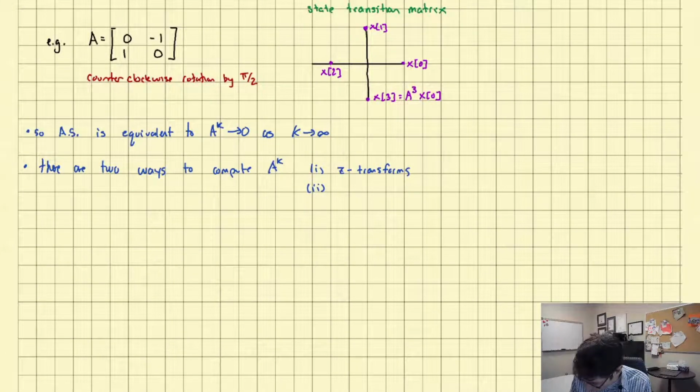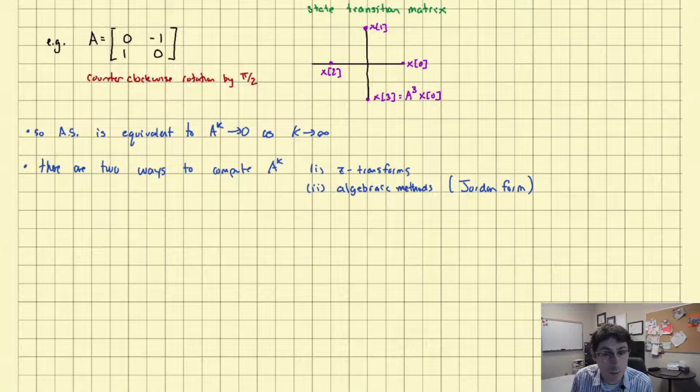Secondly, we could also use algebraic methods. And to bring up a term which you would have seen before, but maybe not in a while, Jordan form of a matrix is relevant for method 2. So let's do an example to illustrate that.